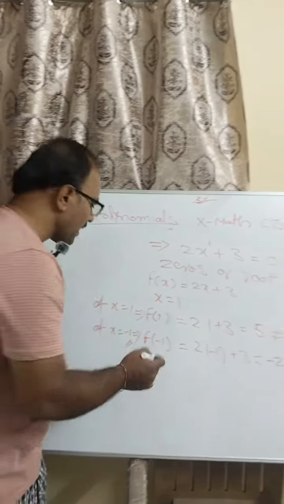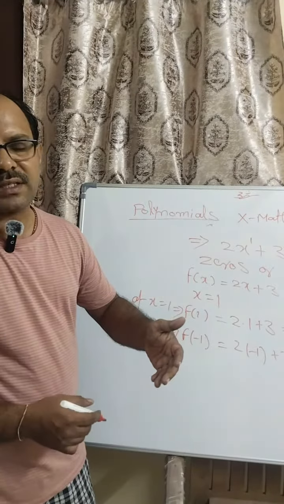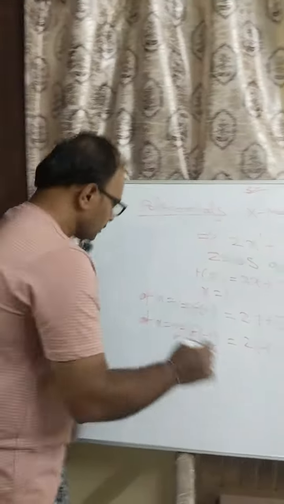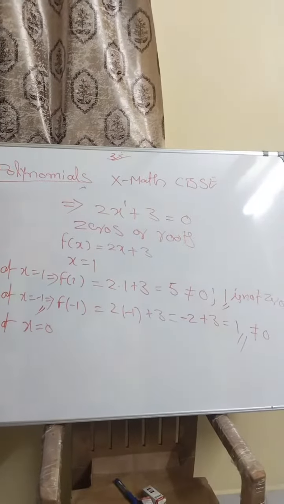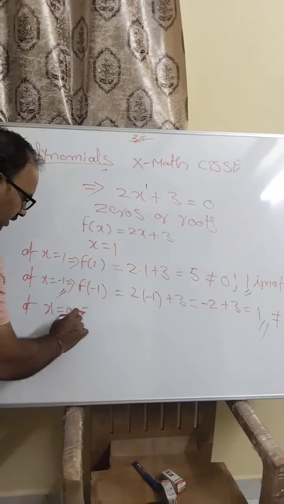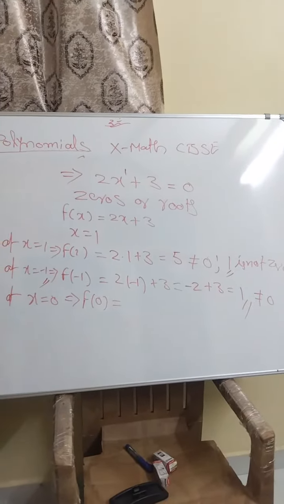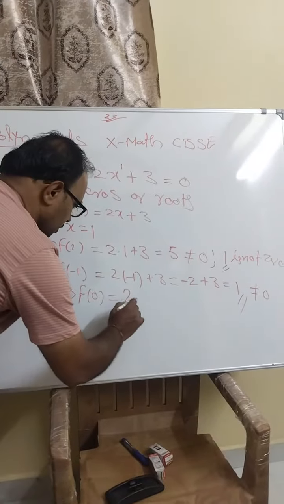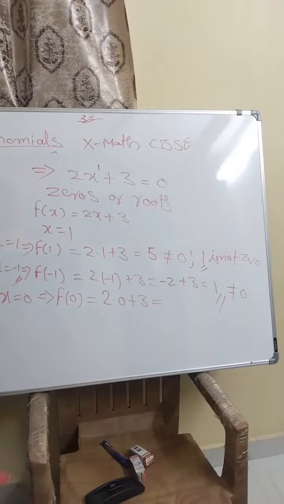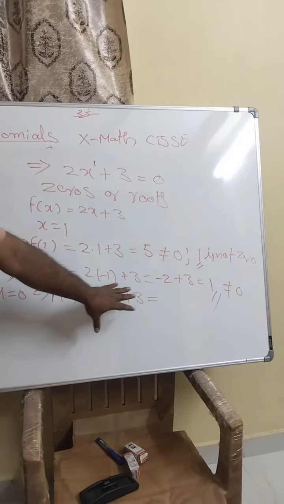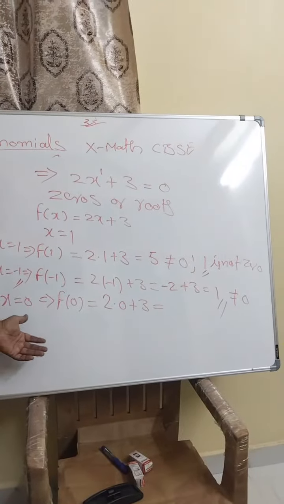Now can I have the value of f of x at x equal to 0? That means f of 0. What is f of 0? 2 into 0 plus 3. Will the function become 0 when we substitute x equal to 0?